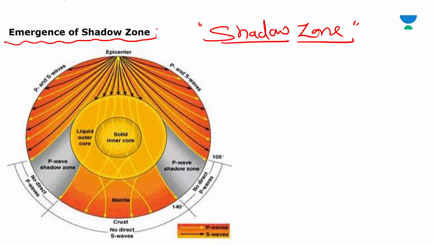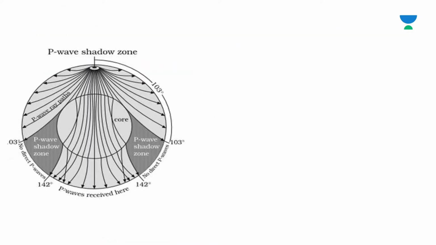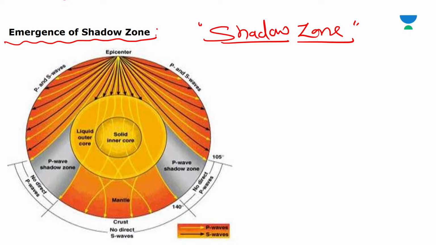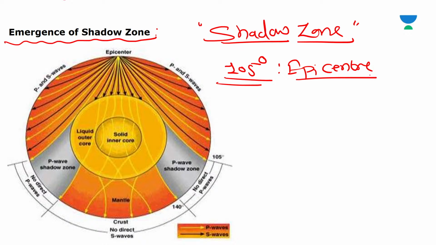Now, these are the P wave shadow zone we will discuss, and then the S wave shadow zone. Now, friends, it is observed that seismographs located at any distance within 105 degrees from the epicenter record the arrival of both P and S waves.